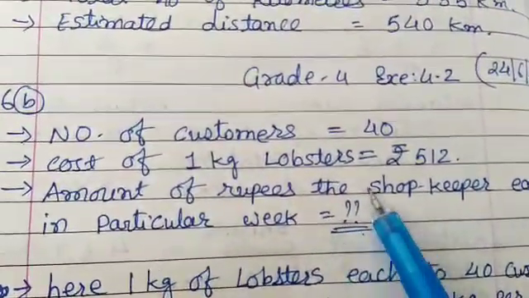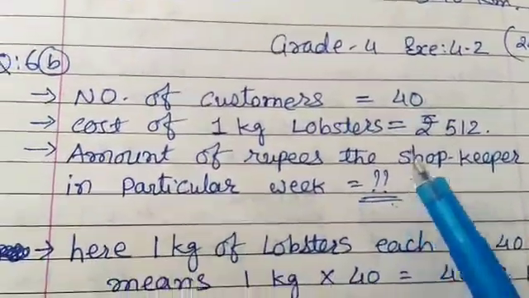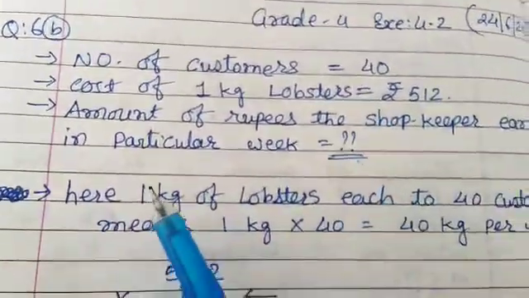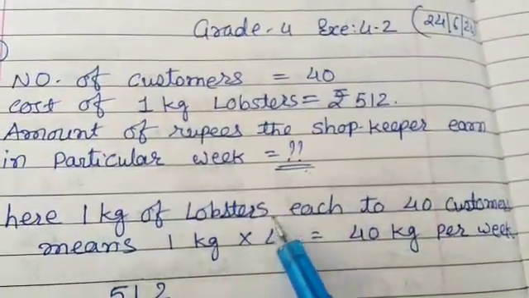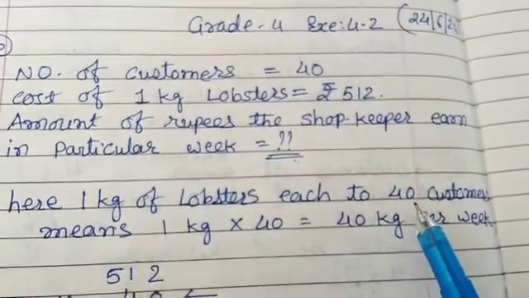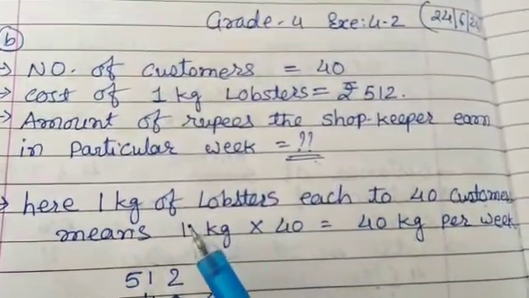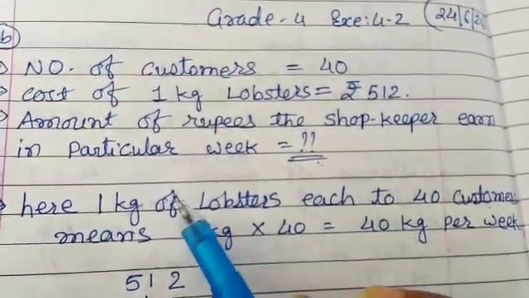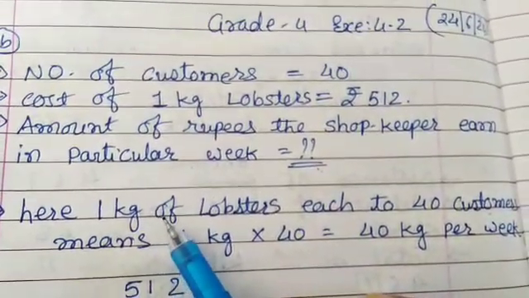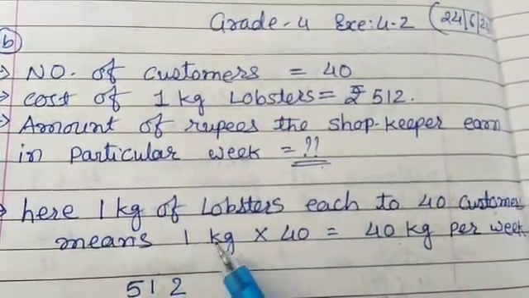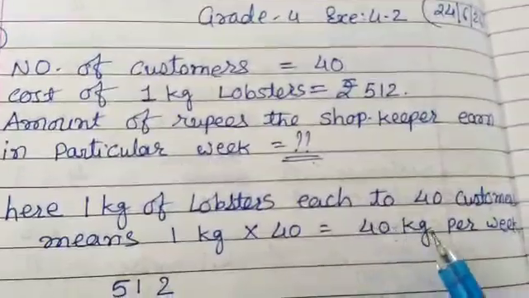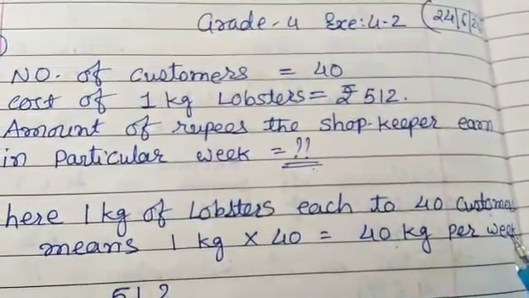This we will find at the end of the sum. Here I would like to say 1 kg of lobster each to 40 customers means each customer buys 1 kg of lobster. So 40 customers will buy 40 kg because 1 kg multiplied by 40 is equal to 40 kg per week.